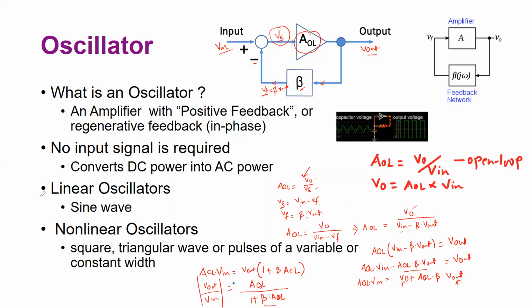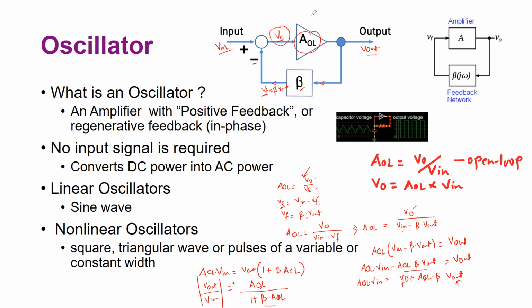There are types of oscillator: linear oscillators, such as sine wave, and non-linear oscillators, which give you square wave, triangle wave, or pulses of variable or constant width. I hope you understood the basic principle of oscillations, how it works in a block diagram way, and how an amplifier can be used as an oscillator.